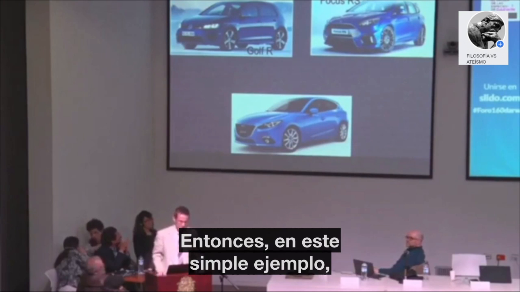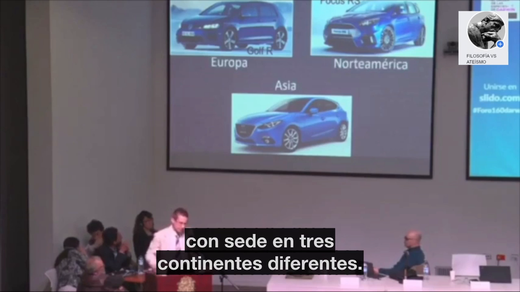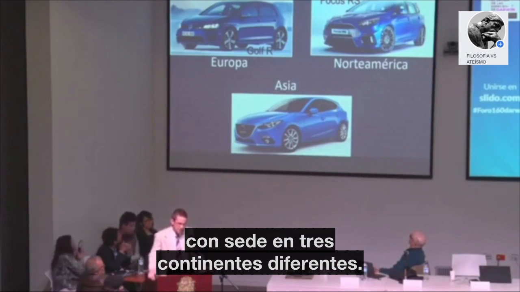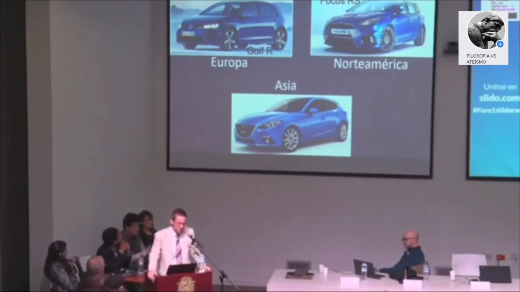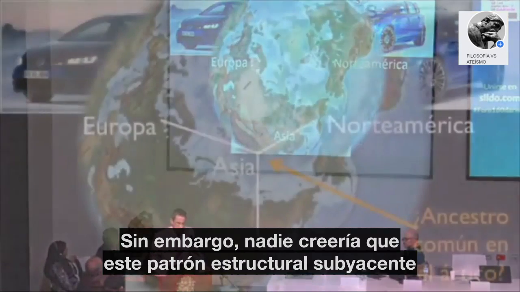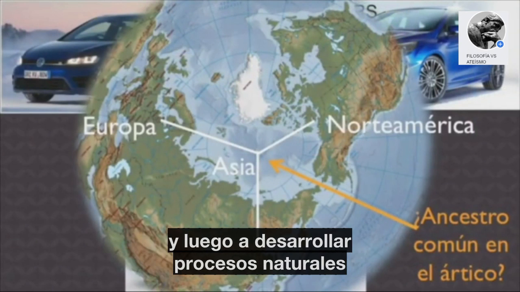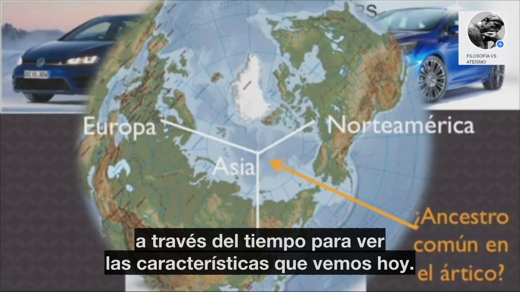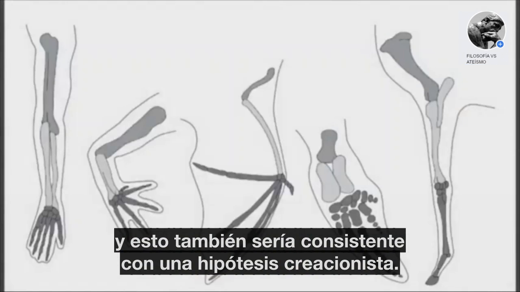So in this simple example, you have three vehicles manufactured by companies that are headquartered on three different continents, yet they all have an underlying structural pattern that they hold in common. Yet no one would believe that this underlying structural pattern was due to sharing a common ancestor in the Arctic and then developing over natural processes through time to see the features that we see today.